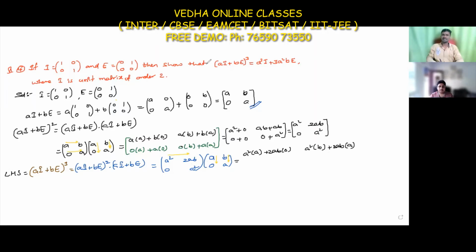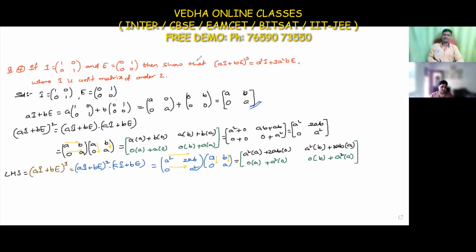Now take the second row, second row with first column and second row with second column: 0 into a plus a square into 0, 0 into b plus a square into a.